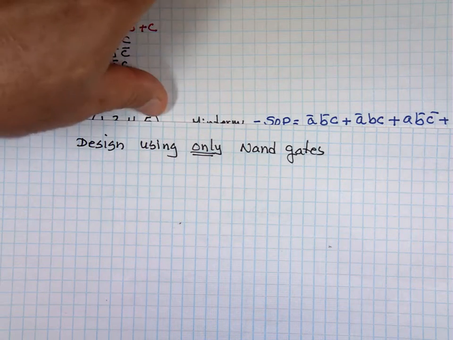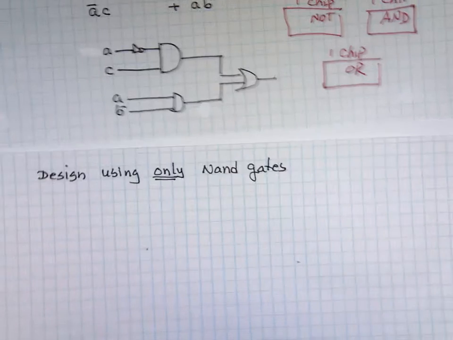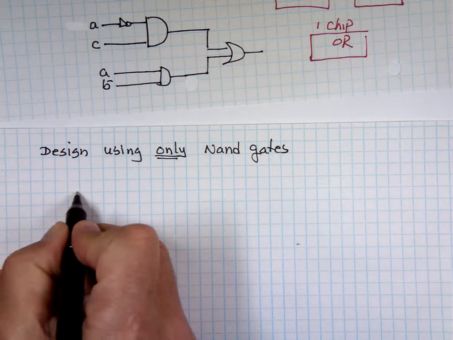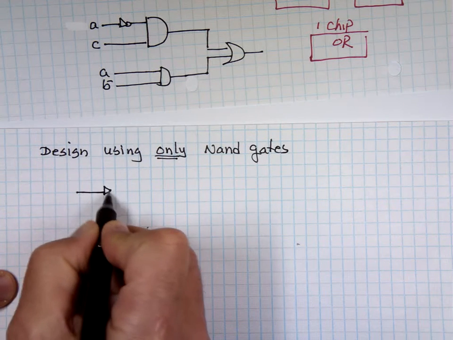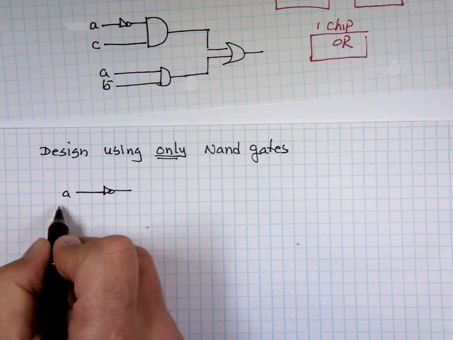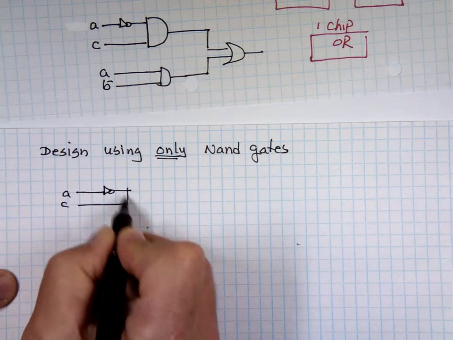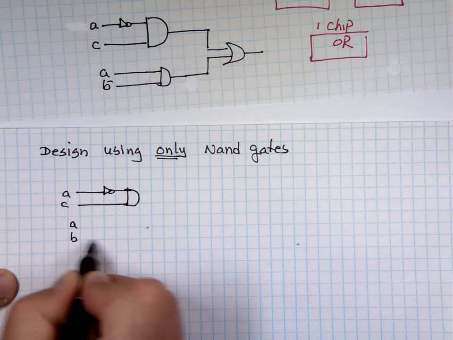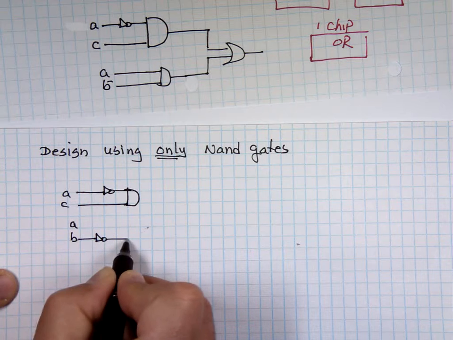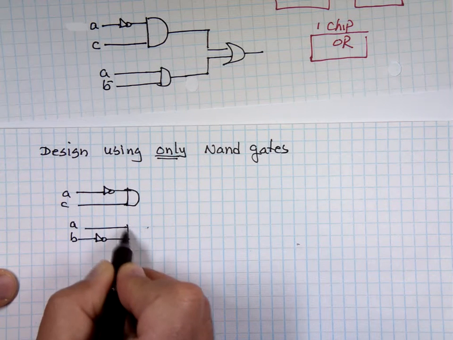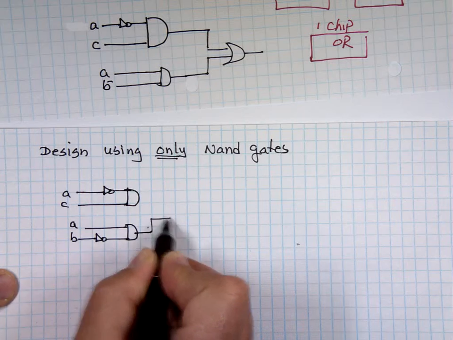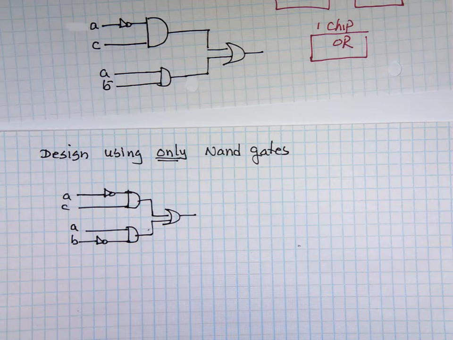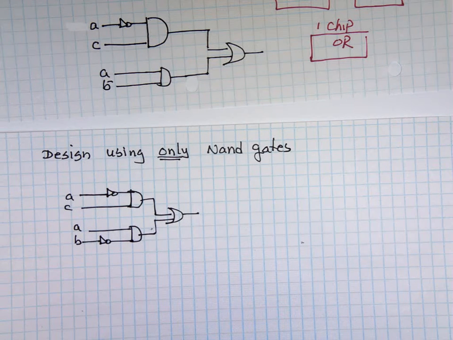So let's look right here. Let me look at that circuit. Let me redraw it so I can get rid of that piece of paper. This is what I have. This is A, and this is C. And this is A, this is B, this is what my design is.